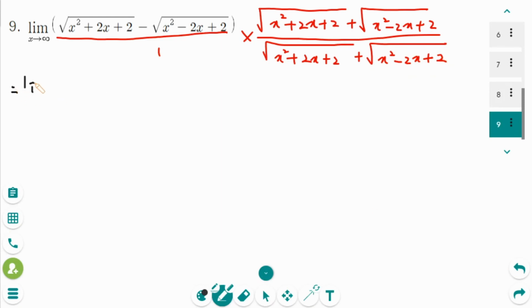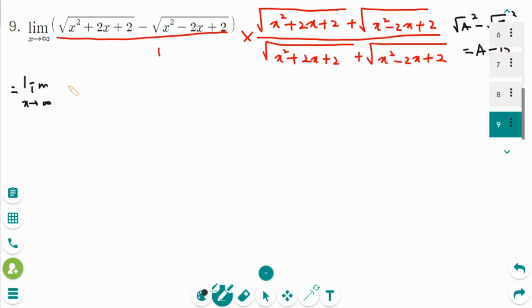And then expand the limit like this. So this is a minus b times a plus b. So square root of a squared minus square root of b squared is the same as a minus b, right?